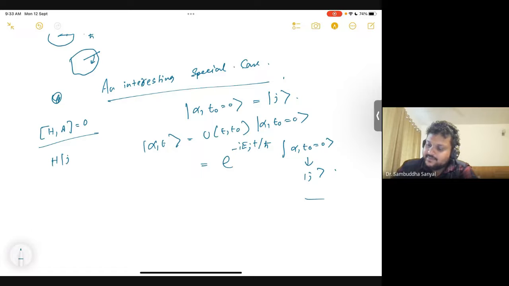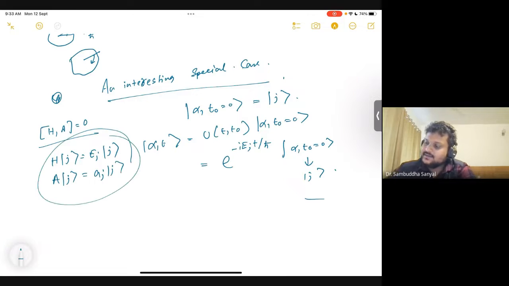Then it will have E_J and A_J. Any operator that commutes with the Hamiltonian will have the same eigenstates, of course with some defined eigenvalue. So if your initial state is an eigenstate of this operator which commutes with the Hamiltonian, or of the Hamiltonian itself, then its time translation is nothing but a phase factor.